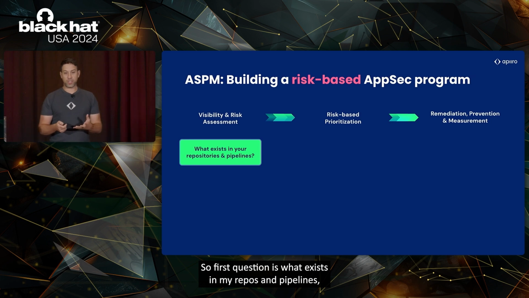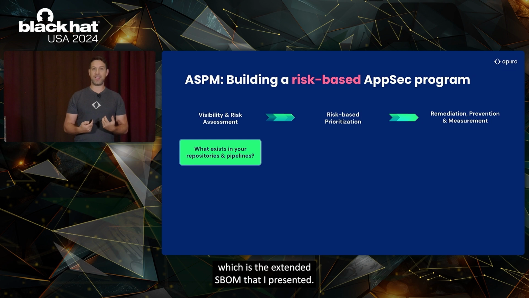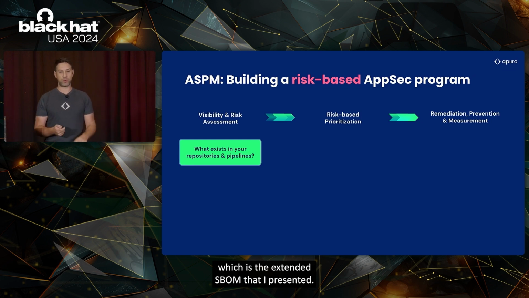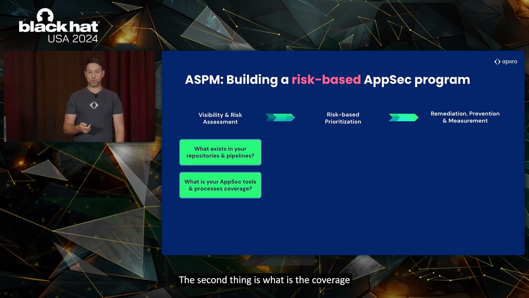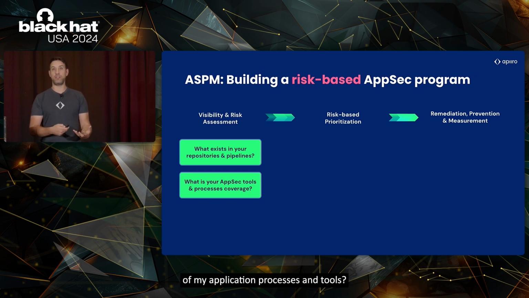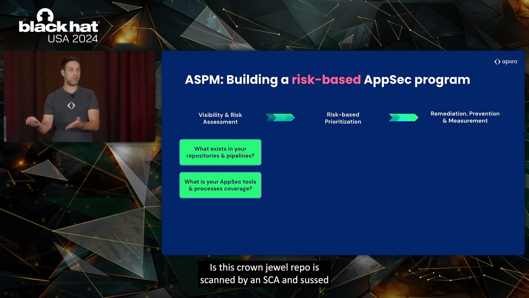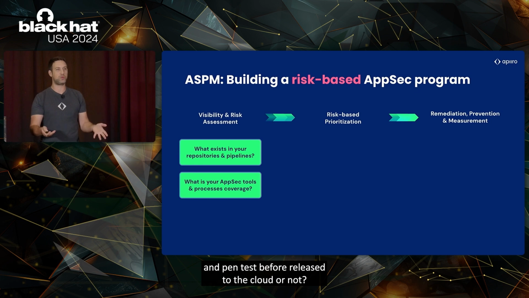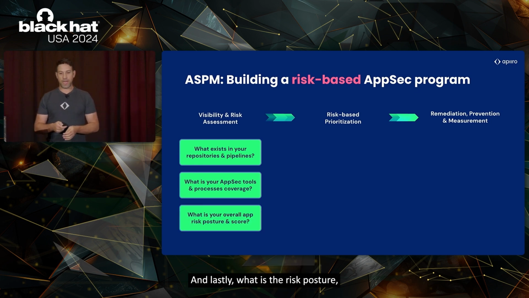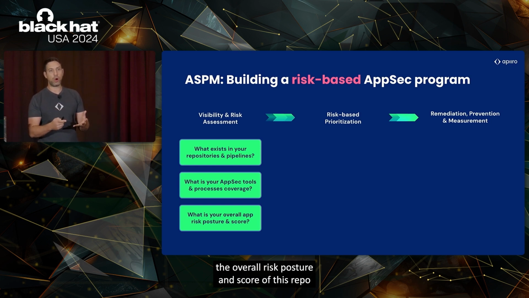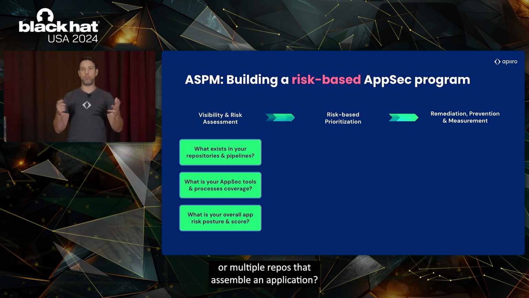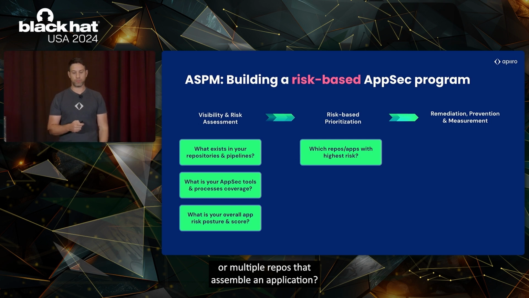So first question is what exists in my repos and pipelines, which is the extended SBOM that I presented. The second thing is what is the coverage of my application processes and tools? Is this crown jewel repo scanned by an SCA and SAST and pen test before release to the cloud or not? And lastly, what is the overall risk posture and score of this repo or multiple repos that assemble an application?